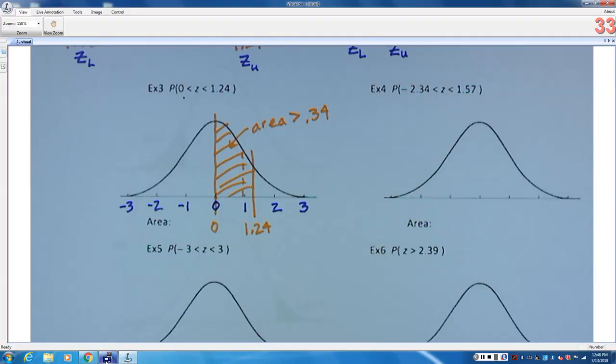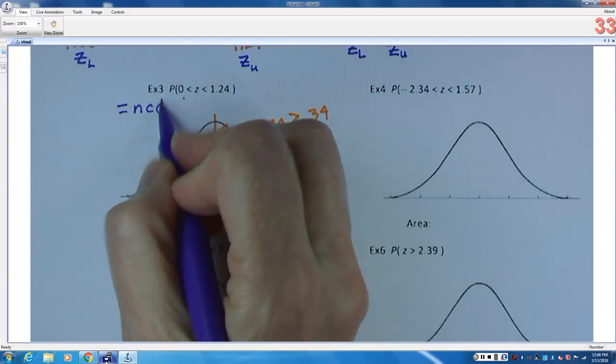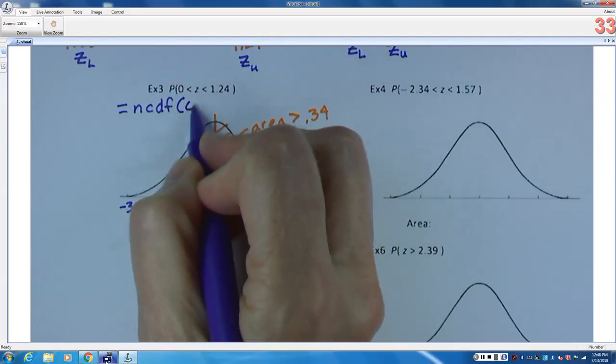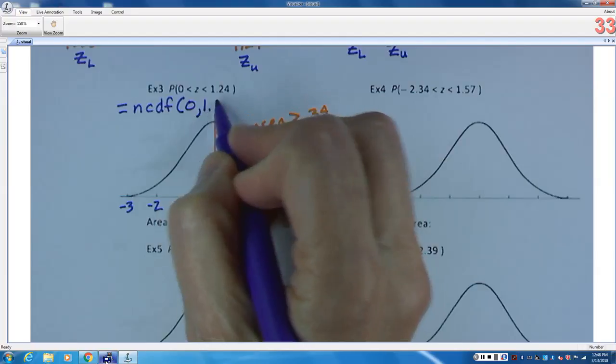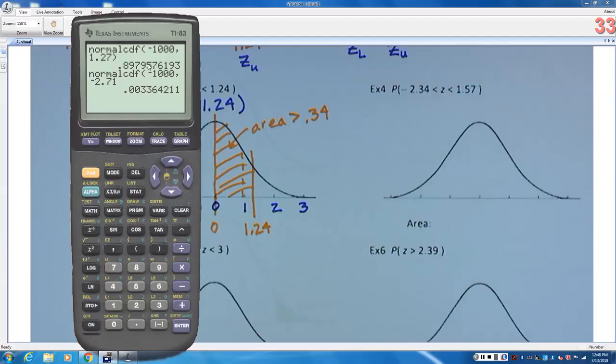So you're going to use normal CDF, and I'll shorten it, NCDF. The lower limit here is 0, and the upper limit is 1.24. And that's what you put in. So we bring the calculator back up.